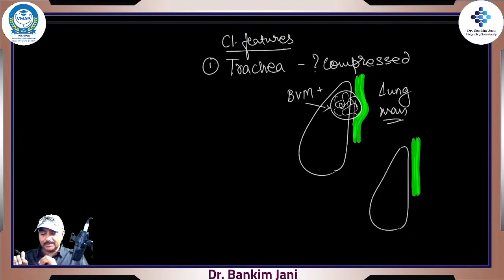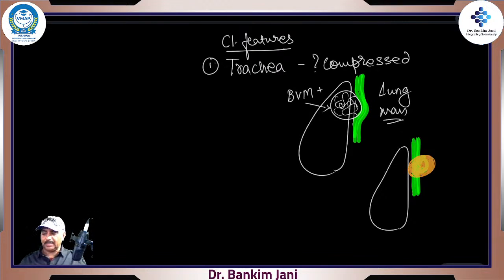Now because of the structure, most such tumors, space occupying lesions, are in the anterior part. So when they are anterior, they push the trachea to one side. Now this one would develop. This is a tumor. This is a mass.